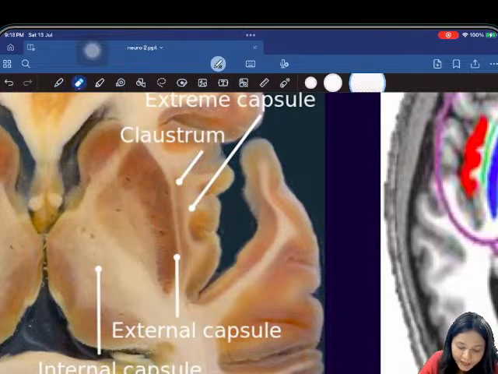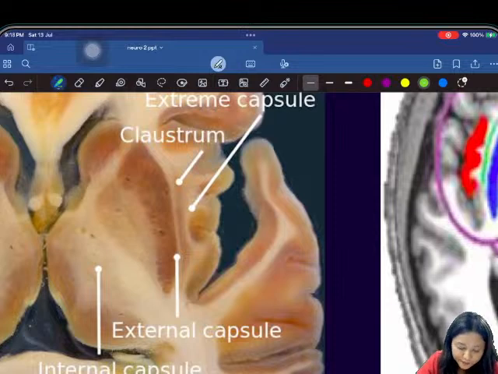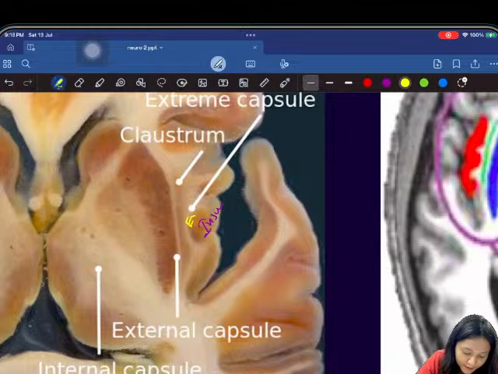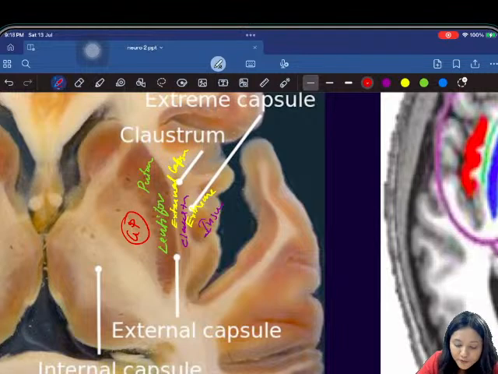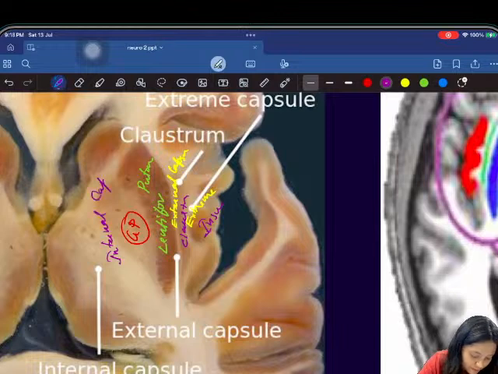So you can see that if you come from outside, first you get gray matter, that is insula, okay. Then you get white matter, extreme capsule, extreme is the outermost, then after that again gray matter, that is claustrum, after that again white matter, that is external capsule, after that again gray matter, lentiform, okay, now this is putamen and here you have globus pallidus, after that again white matter, that is internal capsule, understood?